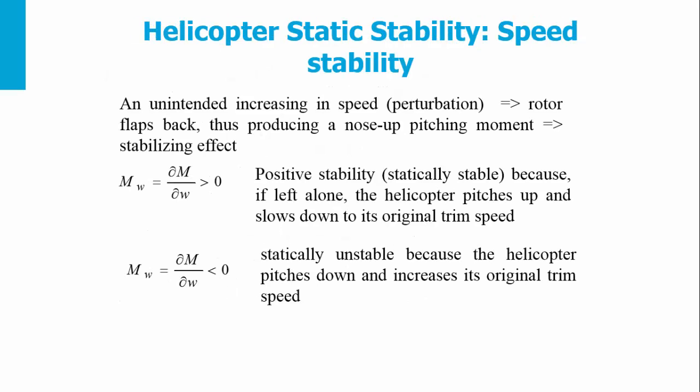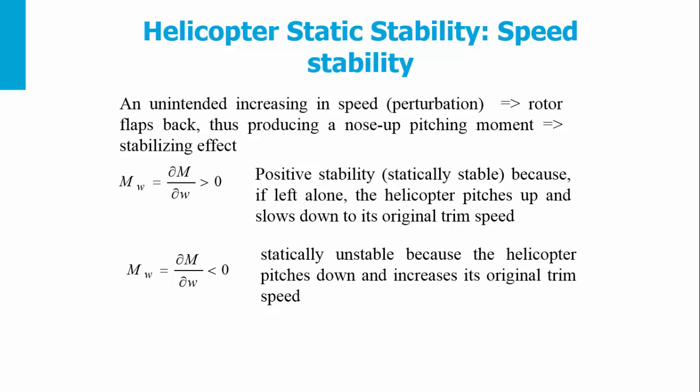For helicopter static stability, we have the so-called speed stability. Namely, if we give an unintended increase in the speed, generally the rotor will flap back and produce a nose-up pitching moment, so it will have a stabilizing effect.